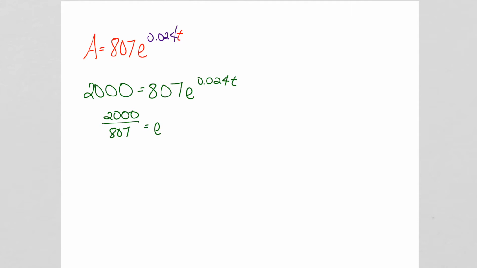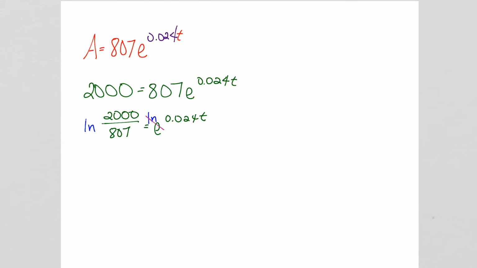So what we're going to do is plug in 2,000 for A. And this time we're solving for t because we want to know how many years after the year 2000 it will be before we have 2 billion people in Africa. We go through basically the same process. Divide by 807. Natural log both sides.